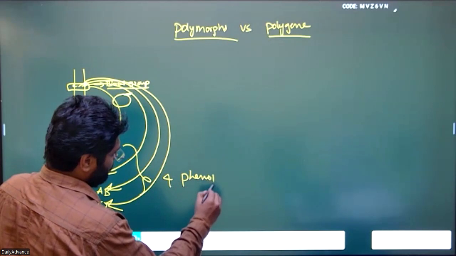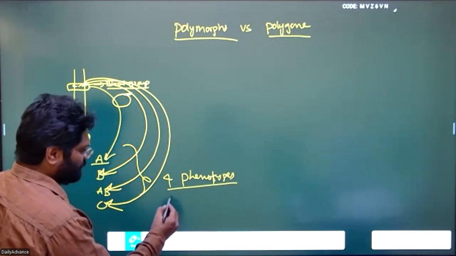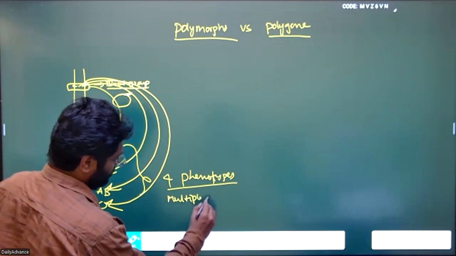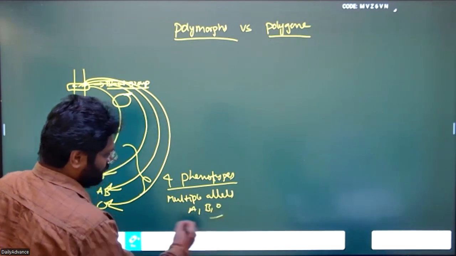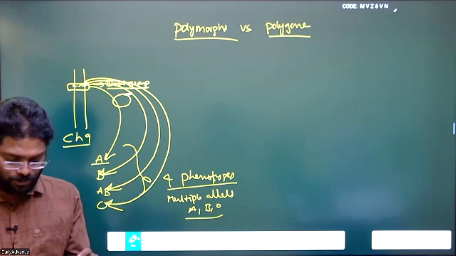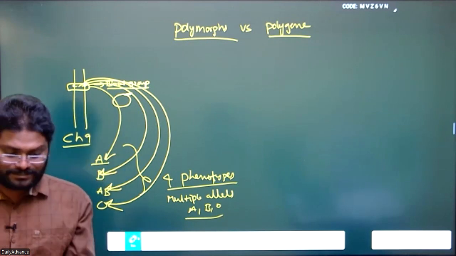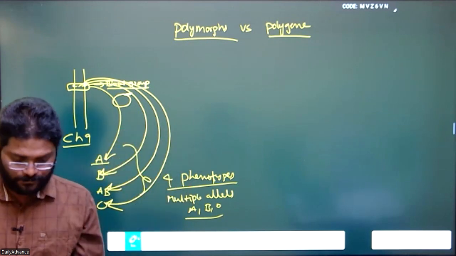due to multiple alleles on the loci. So A allele, B allele, O allele. This we call a polymorphism. If only one allele were there, that is the O allele, all human beings would be monomorphs.